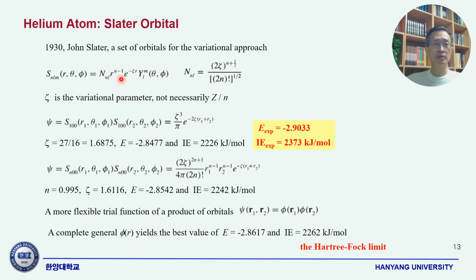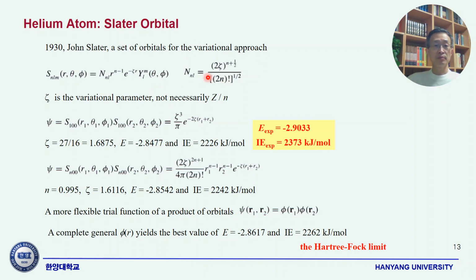This used to be what? The Laguerre polynomial. But Slater's idea is just a single term in the Laguerre polynomial, and he can also combine as many as he likes. So he could mimic or represent an orbital. This is what we call a Slater orbital.